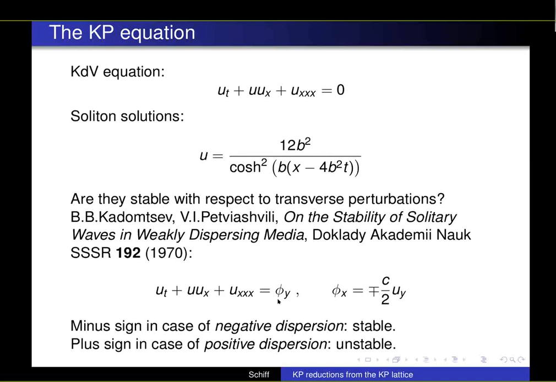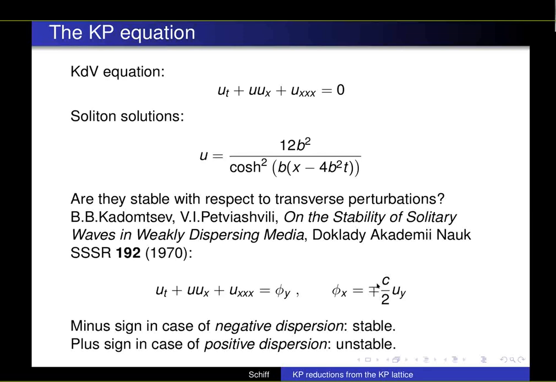And you find that the amplitude is governed by this equation, where phi is a new function which is related to u by phi x equals minus or plus c over 2 uy. So the c here represents the speed of the harmonic perturbation, and the minus or plus depends on the dispersion.